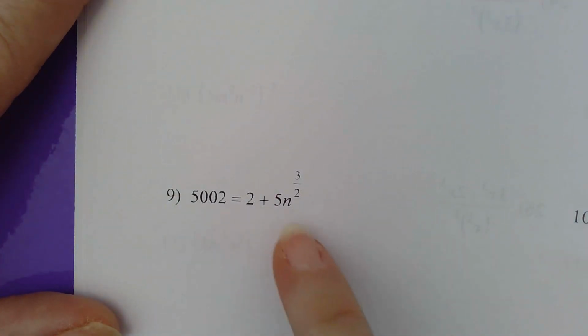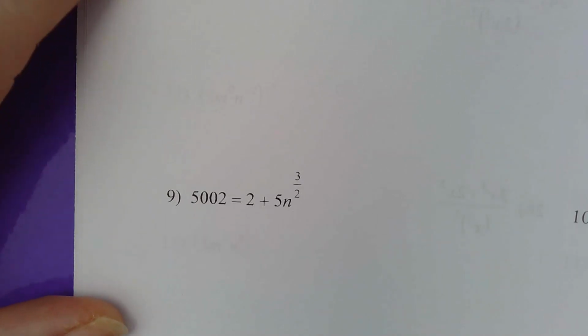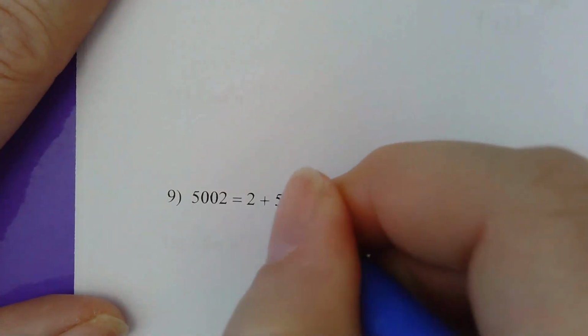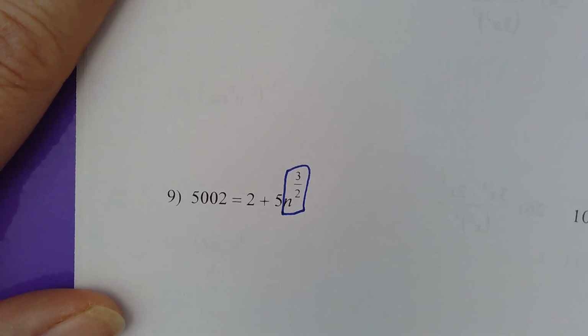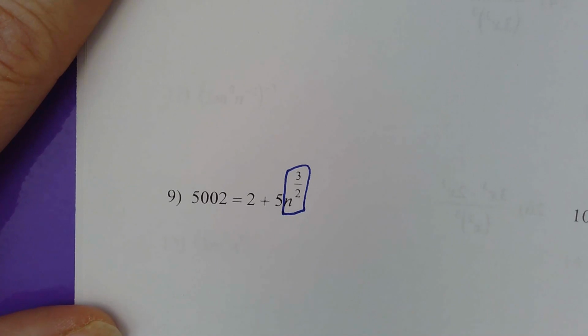It isn't 5n with an exponent. It's 5 times n with an exponent. So when you isolate, you're only isolating this. So I need to move the 2 and the 5 first before I do my exponent reciprocal and solve. Go ahead and try this one.